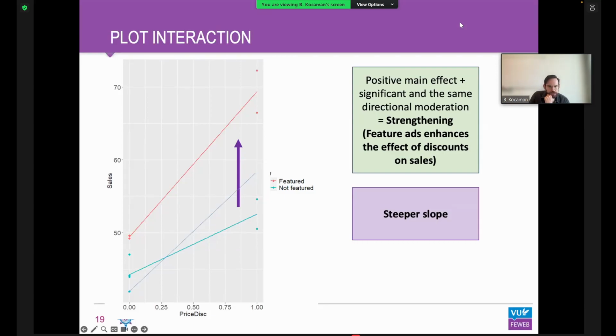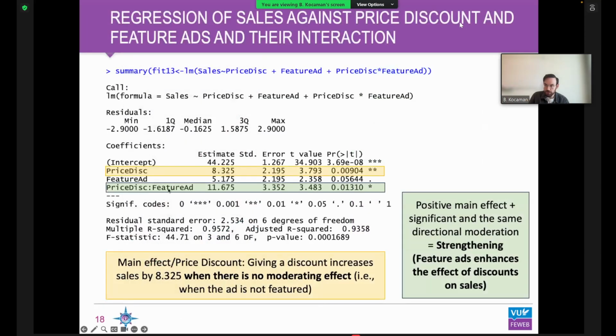But feature add is not significant, right? But then the strengthening effect is, how does that work? Okay. It might be that the feature add on its own does not have a significant effect, and only the moderation effect on the price discount is significant. Yeah, which is indeed this case. So this is totally fine.